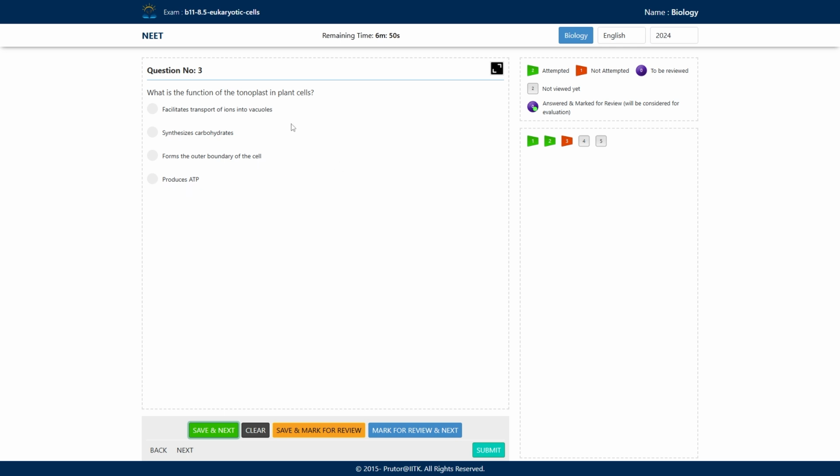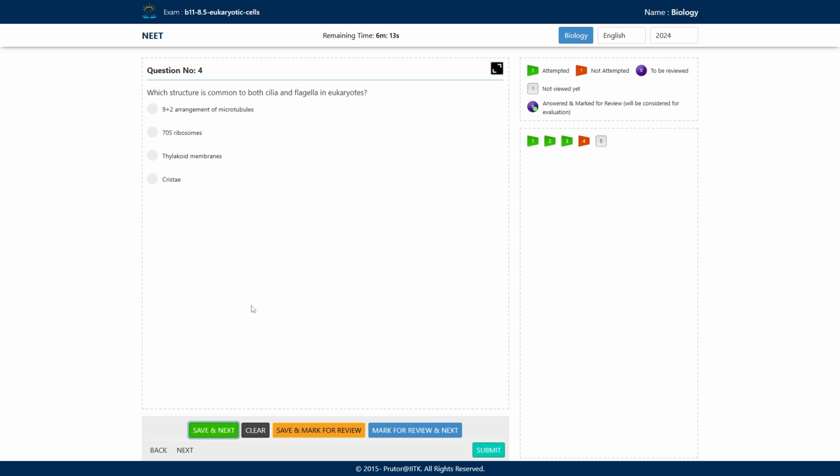What will be the correct answer? Option A is the correct answer here: facilitate transport of ions into the vacuole.